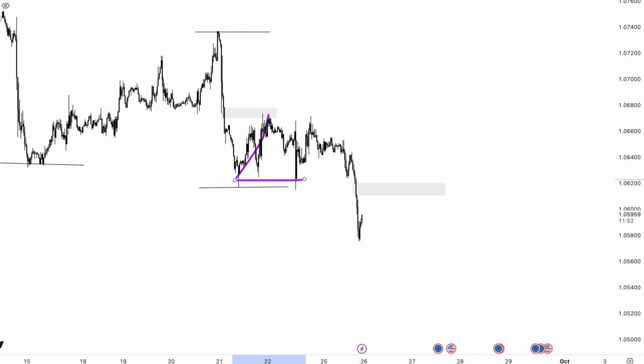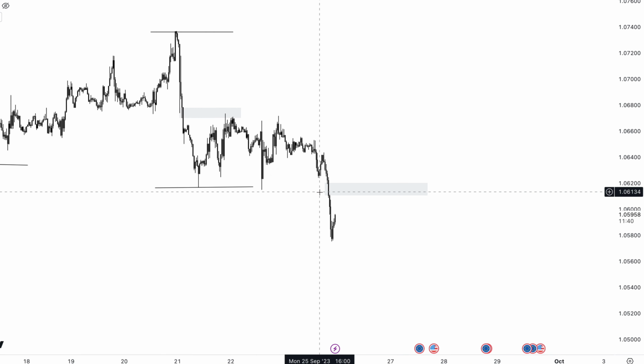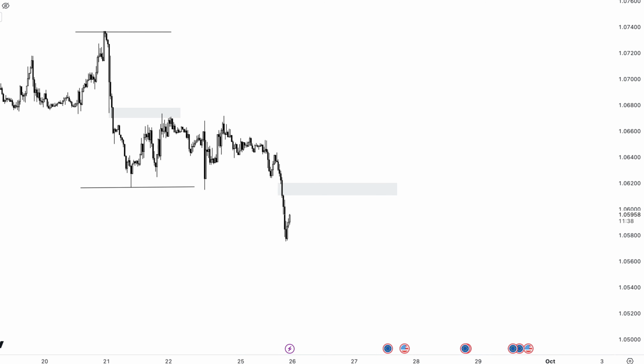So that's telling me price is on its way back downward. So we can actually probably look to take a trade right there. And I would feel comfortable doing that. Why? Because we had aggressive price momentum break structure.